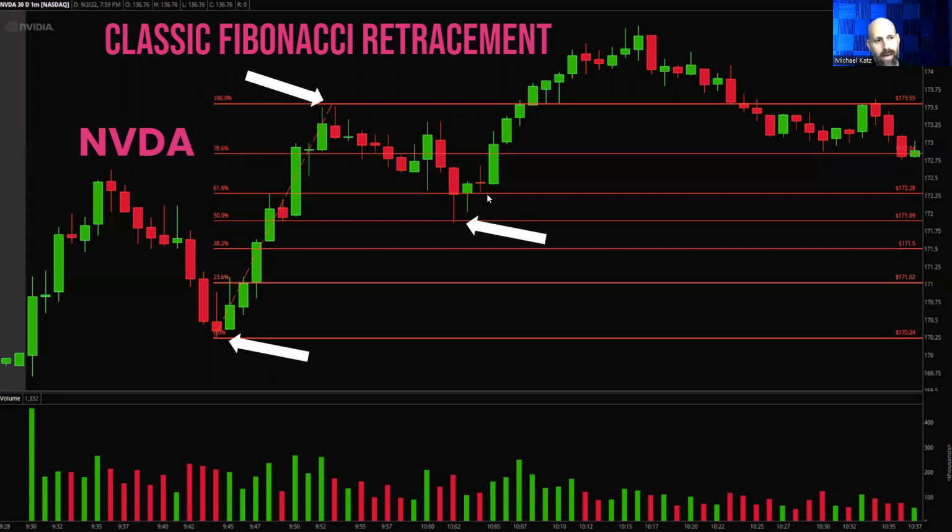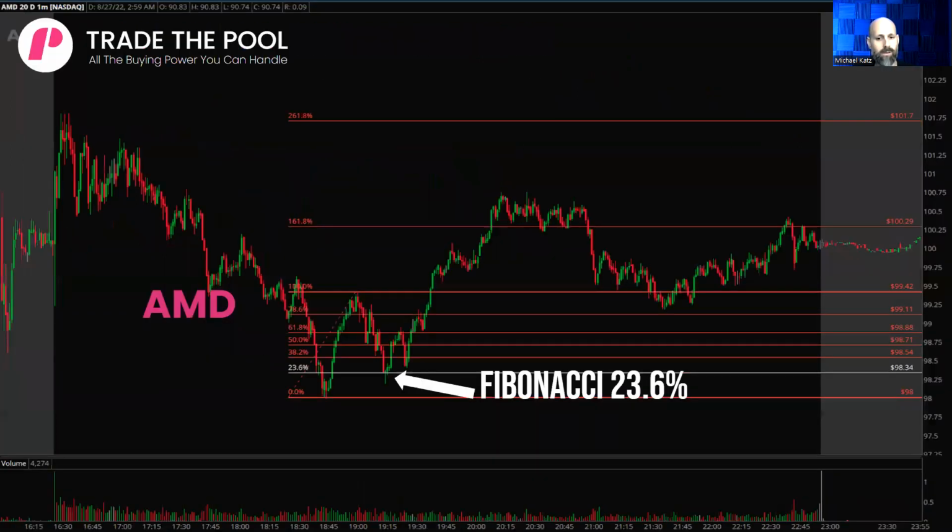So if I'm going back to the buy the dip strategy, what we can actually do is use Fibonacci retracement in this way, the 23.6. So how does it work? Basically, we are looking for a downtrend, a major downtrend. We are dropping AMD, dropping from almost 102 all the way to 98, a $4 drop.